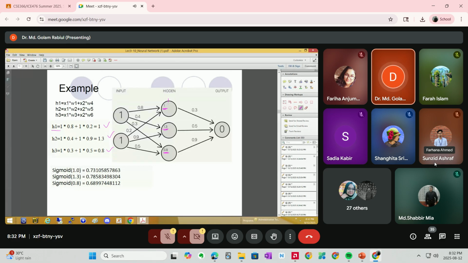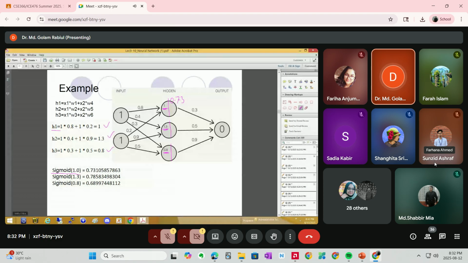Now we have to determine the hidden results. Just pass h1 to a sigmoid function. It is sigmoid of 1, which is 0.73. It will be our hidden result.